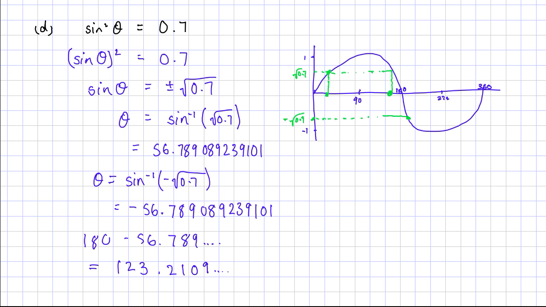There's this value here and there is this value here as well. So I need to find both of these values. Now I can see that this distance here is the same as this distance here. So I can do 180 plus this value. Okay, so let's do that.